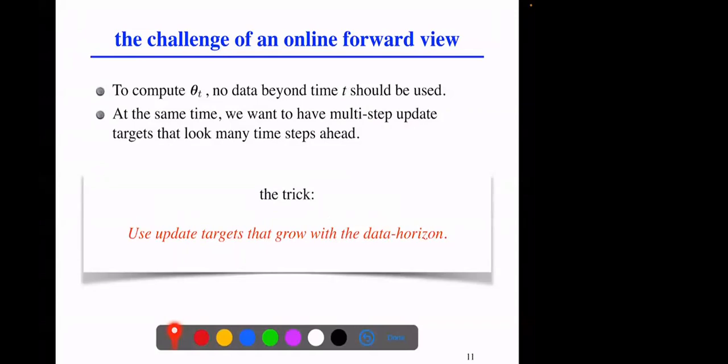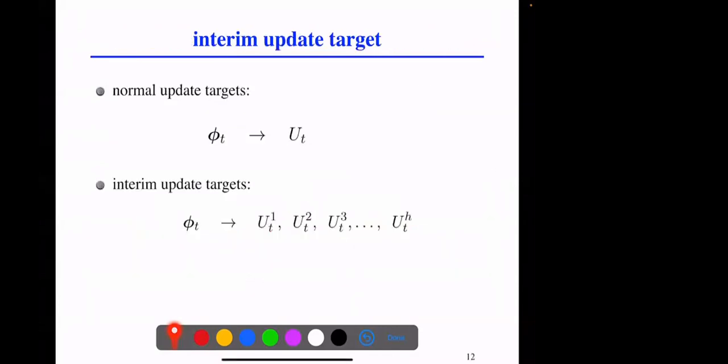However, there is a trick you can use to combine these two, which is to use update targets that grow with the data horizon. Normally you have a particular feature vector, and you have a single update target for that.